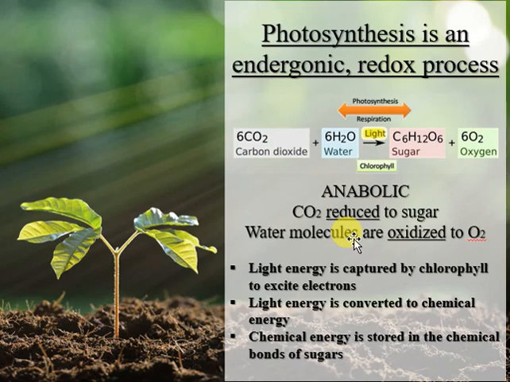So when you initially look at this reaction, a lot of people are going to be like, okay, the oxygen is coming from the carbon dioxide. And that's not true. The oxygen that's produced in photosynthesis is coming from your water. And this fact was confirmed back in the 1960s through the use of isotopes.